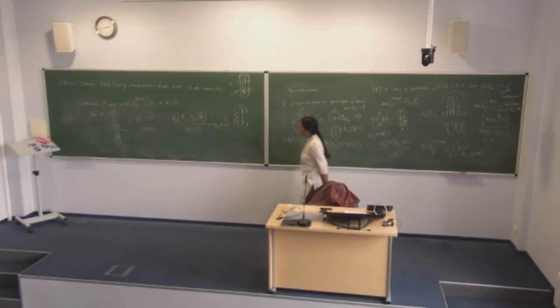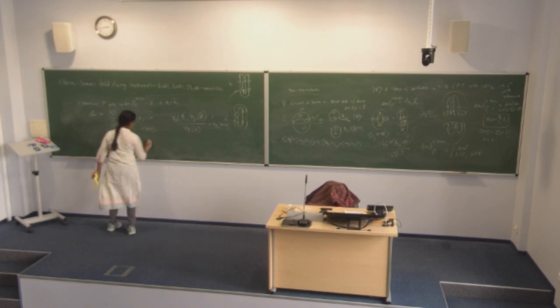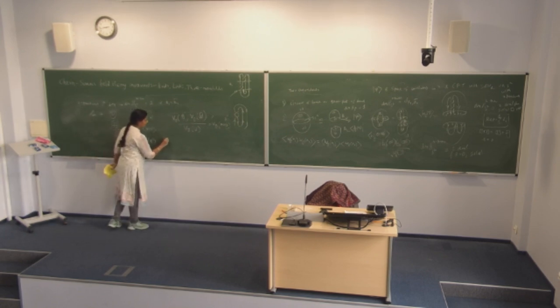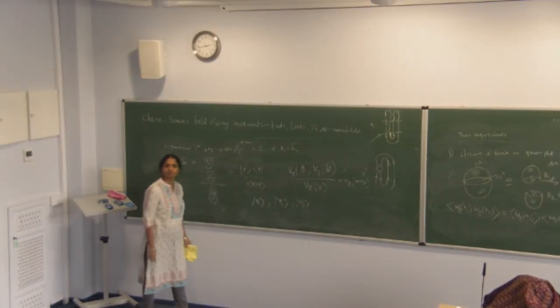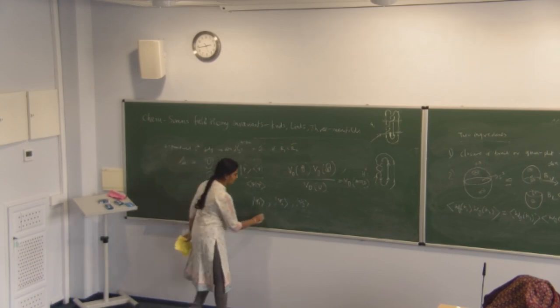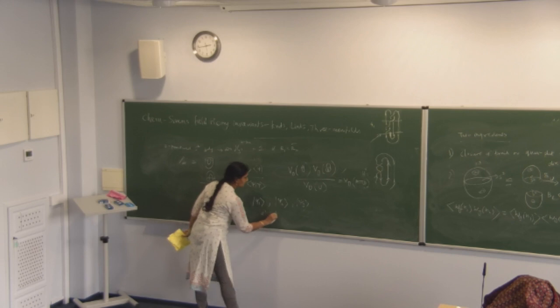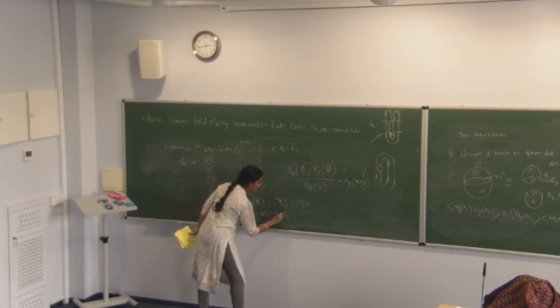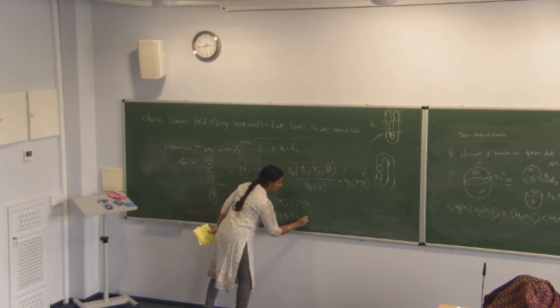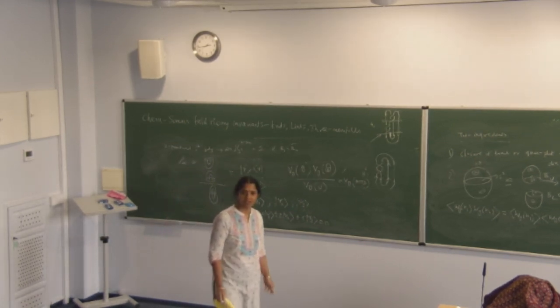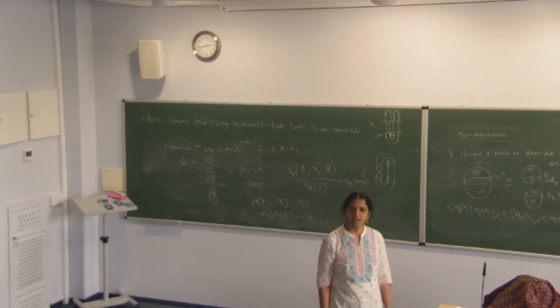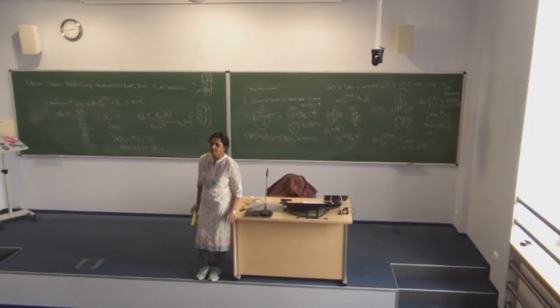So you can write three states, psi 1, psi 2 and psi 3, such that A psi 1 plus B psi 2 plus C psi 3 has to be 0, because it's a two-dimensional vector space. One of them will be linearly dependent on the other two. So you can choose a linear combination of three states to be equal to 0. Fine.